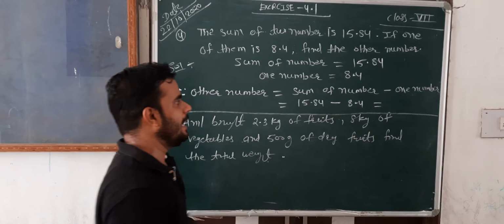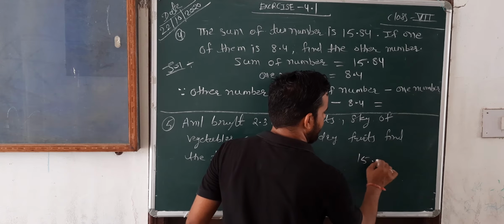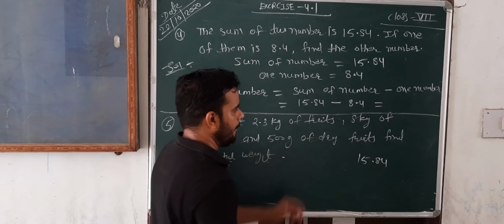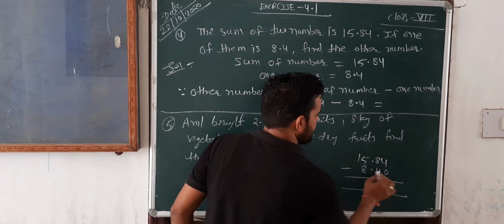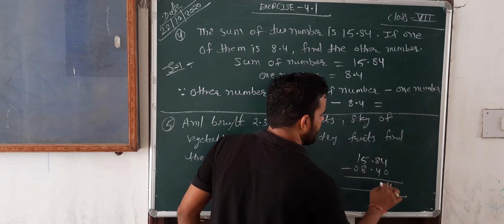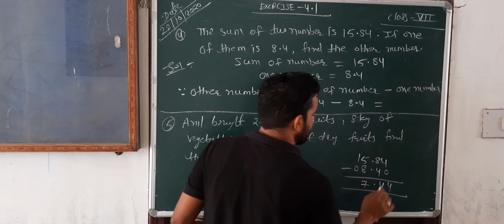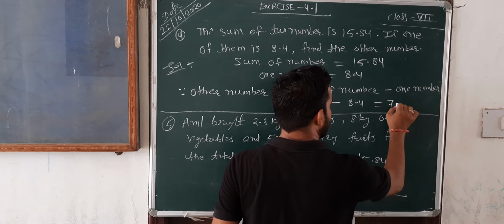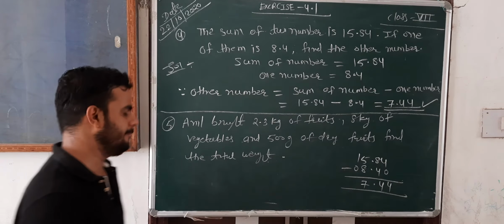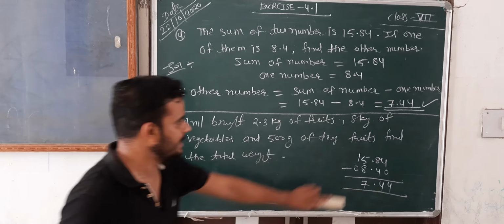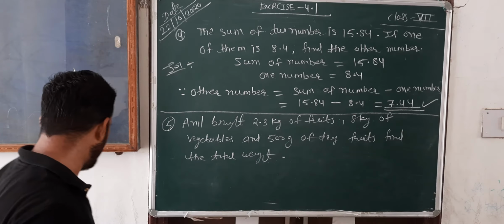Subtract both of these and you can get your answer. So 15.84, 8.4, and subtract both of these, 0 and 0. 4 minus 0 then 4, 8 minus 4 then 4, 15 minus 8 then 7. So your answer is 7.44. The other number is 7.44. Okay. So this is the way to solve this question.